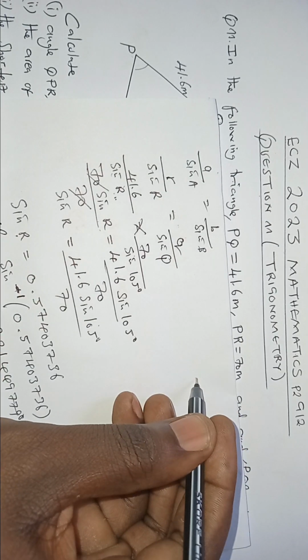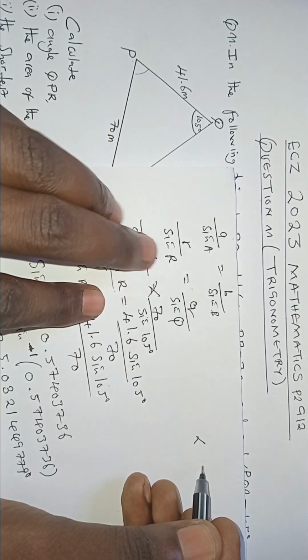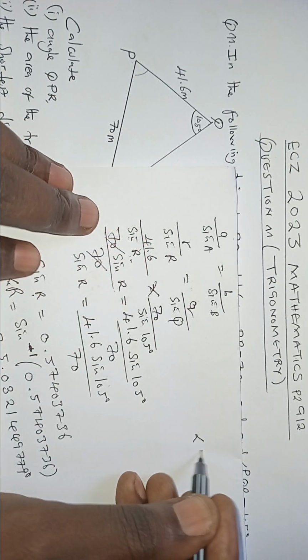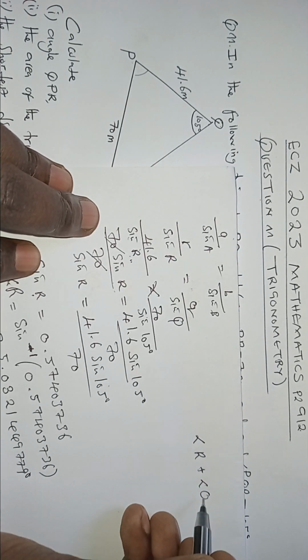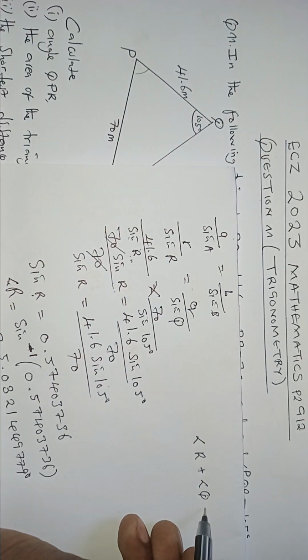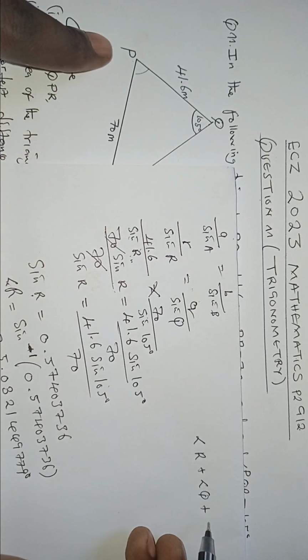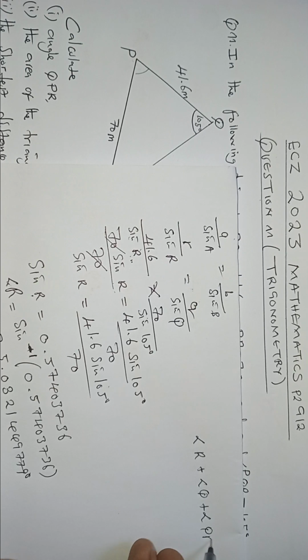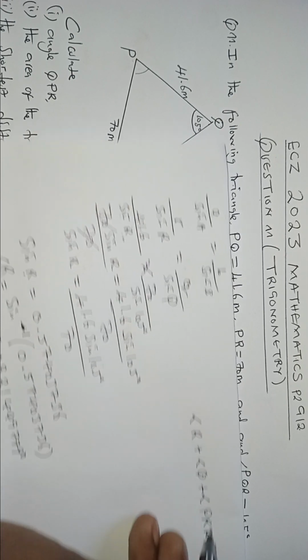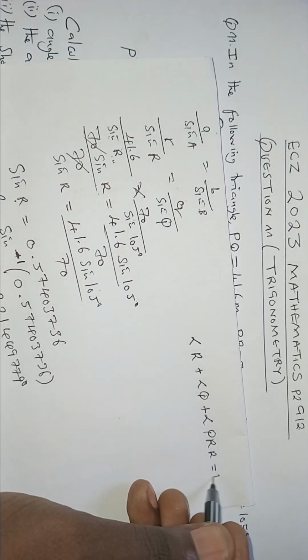And we understand that the angle, let me put it here. We are saying angle R plus the angle at Q, the angle which is 105, plus the angle in question, which is angle QPR should give us 180 degrees, okay?